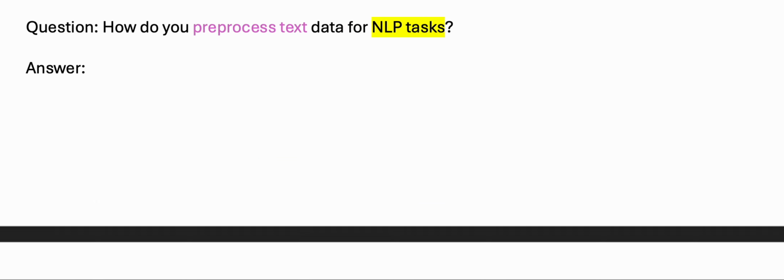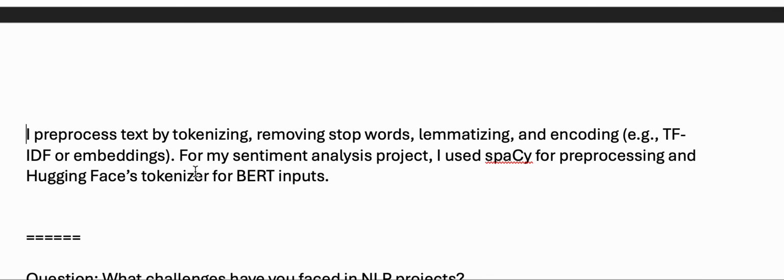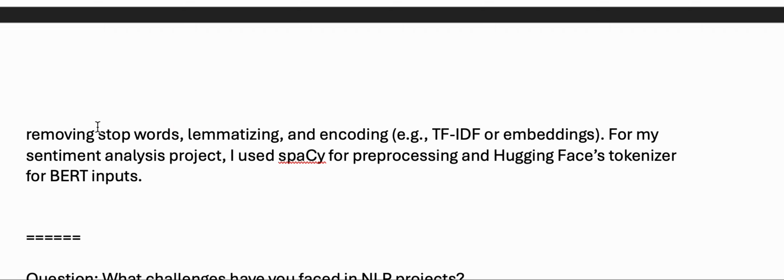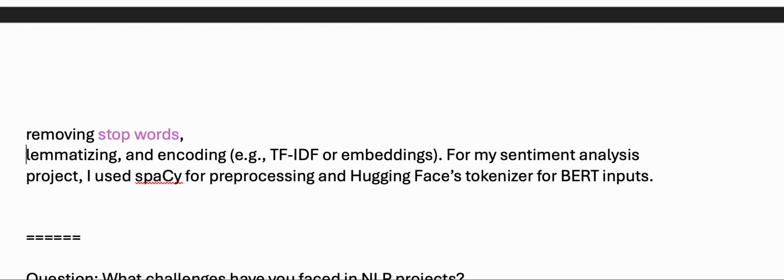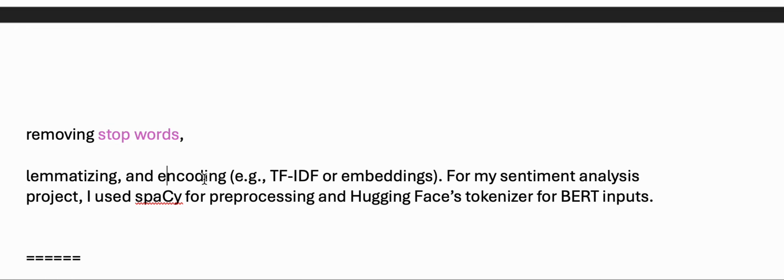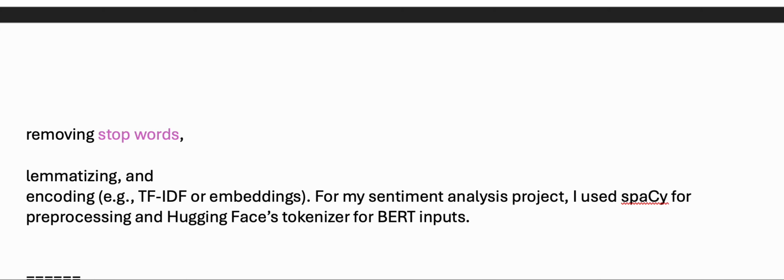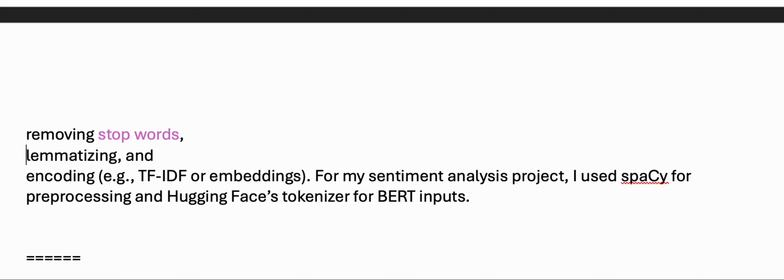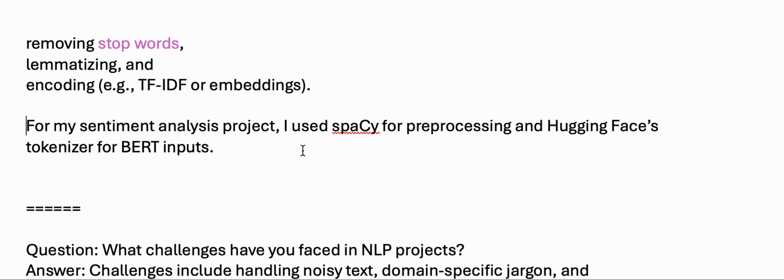The answer is, basically, I pre-process text by tokenizing, removing stop words, lemmatizing and encoding. So these are the things which I do.